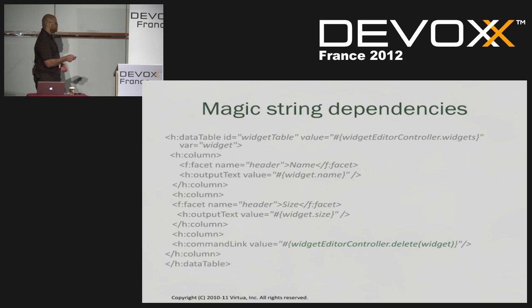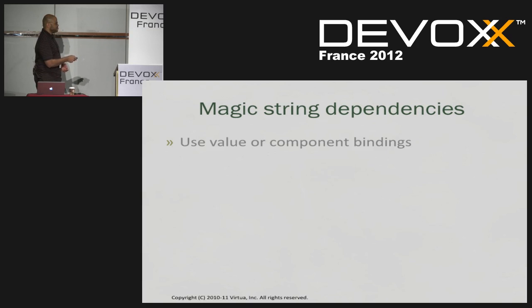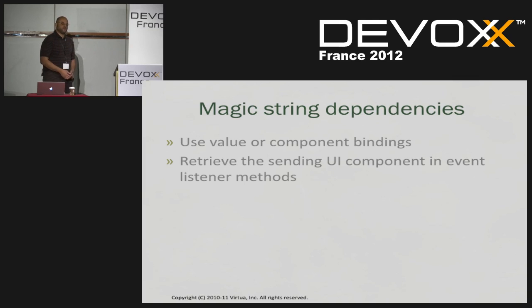This is what we call a value expression or a value binding. But then there's also component bindings, where you bind the component instance to your backing bean. That allows you to have a reference to the component in your backing bean. That is the much preferred way to get a handle to a component, as opposed to hard-coding the ID and then looking for the component using one of the methods on the component tree.